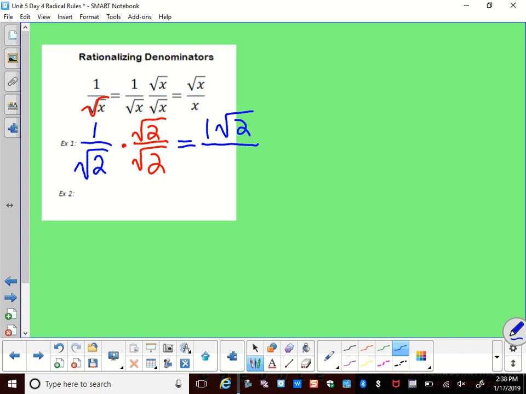On the bottom, square root of 2 times square root of 2 is square root of 4, right? Square root of 4 is 2. So the little trick here is that whatever's on the bottom, you can just cross out your radicals and keep your number. This number is okay to have because now I don't have my radical on the bottom. It moved to the top. The number can be on the bottom, the radical can't.